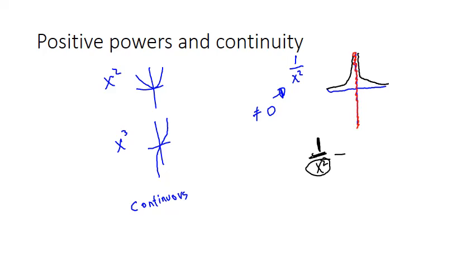No. So that means that this will never equal 0. So what that means is that for positive powers, so for +2, +3, etc., that these particular functions will be continuous. But what can we say about negative powers?